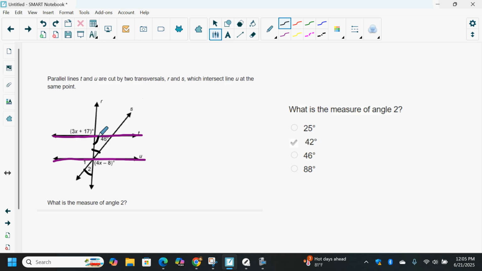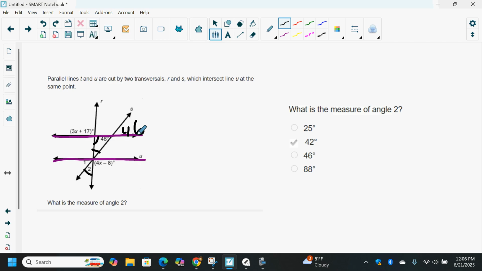So I can figure out what angle 2 equals. Let's see. I know that this angle is the 46-degree angle. We know that that makes this 46.